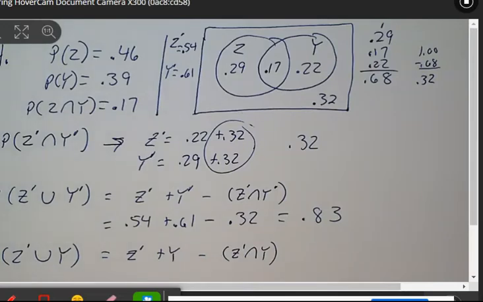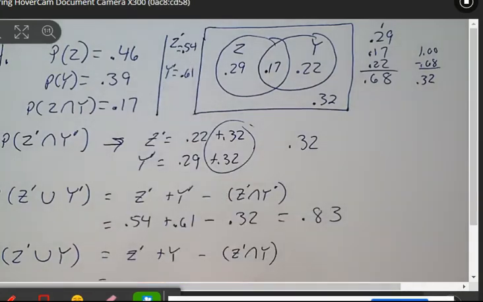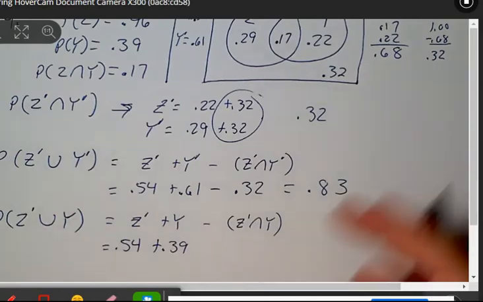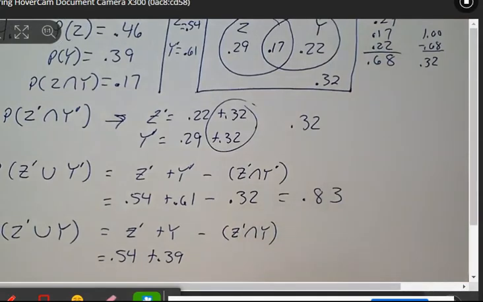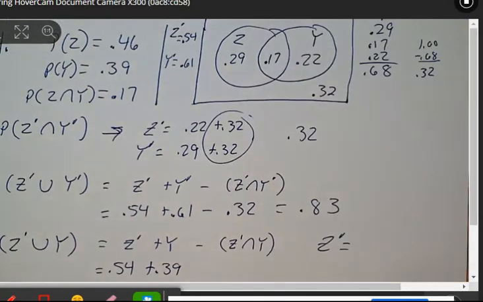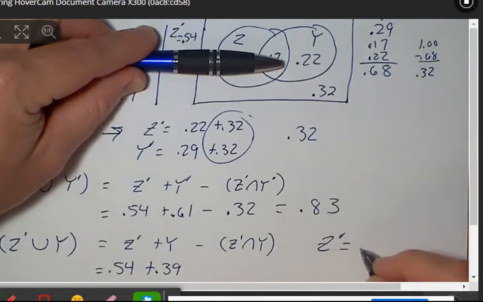Okay, the only thing we'll have to find is actually this part of it, because Z prime, we just said a minute ago, was 0.54. For Y, that is 0.39, and we've got to find the intersection of Z prime and Y. So over on the side, if we think about what Z prime is, that's 0.22 and 0.33.